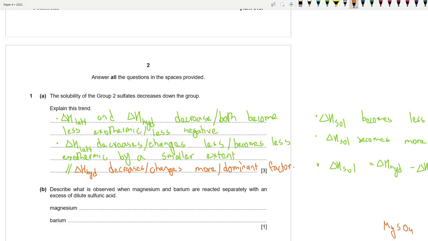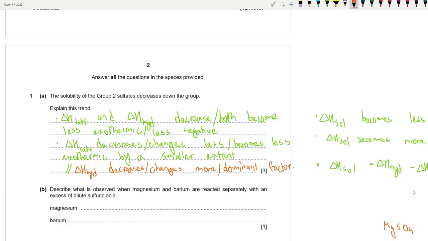But when you go to barium sulfate, both of them will decrease. Suppose the hydration enthalpy becomes minus 30. It has become less negative. But on the other hand, you remember that this was minus 40 initially. But there was a minus sign in front, which is why it's minus 50 plus 40, which is minus 10. So that one actually decreases by a smaller margin. What do I mean by that? Suppose it becomes minus 45. Now what? Minus 30?